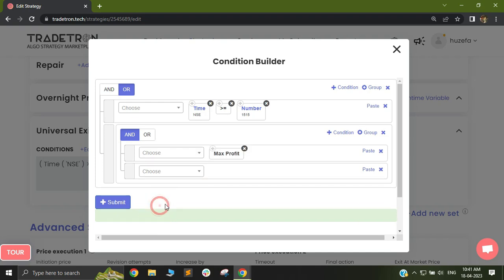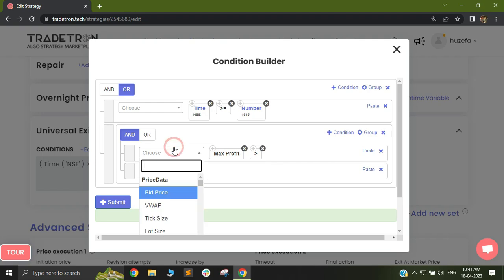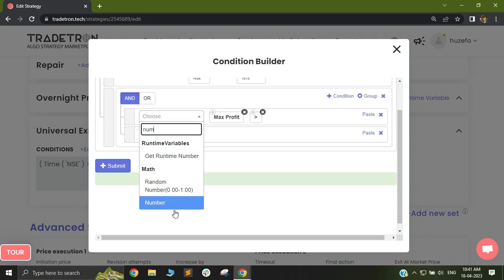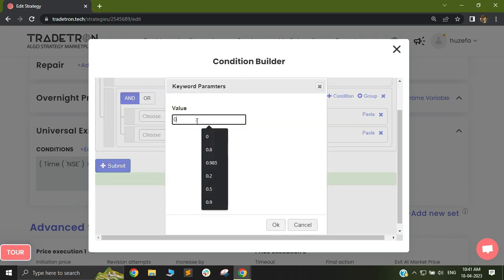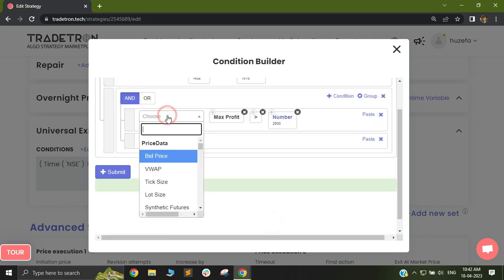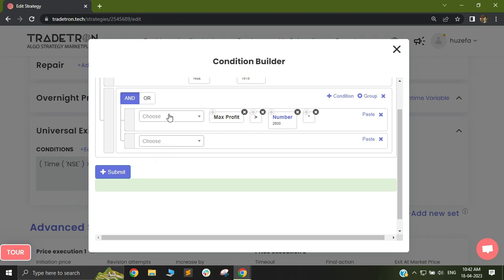When I select max profit, I can select max profit is greater than a number, and I can select the number above which my max profit will begin. So let's say I select 2500. This means that if I get a profit of 2500 in my strategy, my first condition will be true.